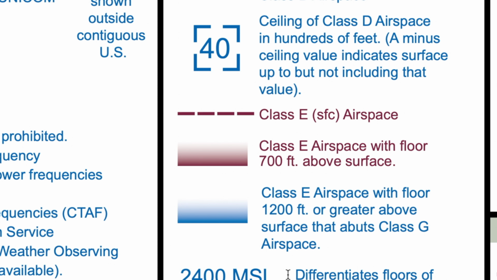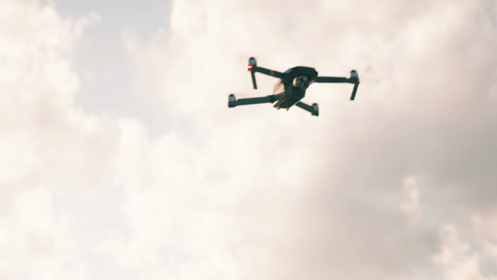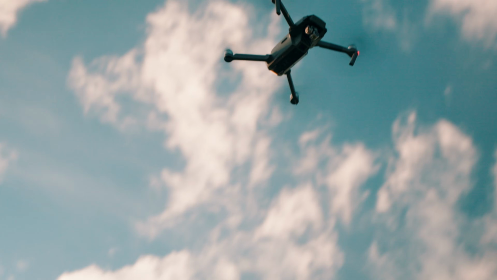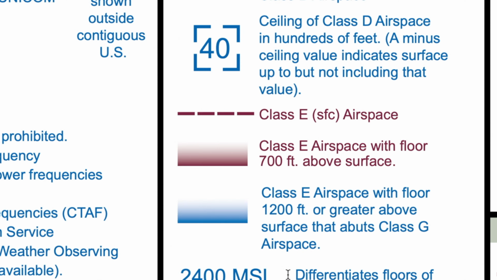What these lines represent is that Class E airspace will begin with a floor at 1,200 feet AGL, and below that, Class G airspace abruptly ends at 1,199 feet AGL. So if you're flying in that area and you are at 1,200 feet AGL, you are in Class E airspace. But get this, just because it's in a remote area doesn't mean that you can break the rules.